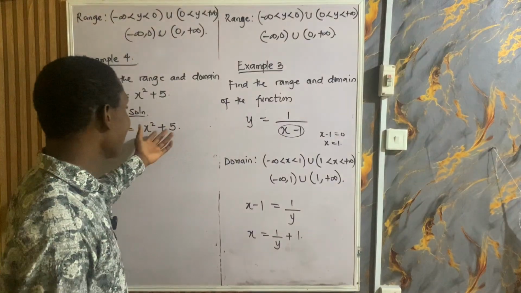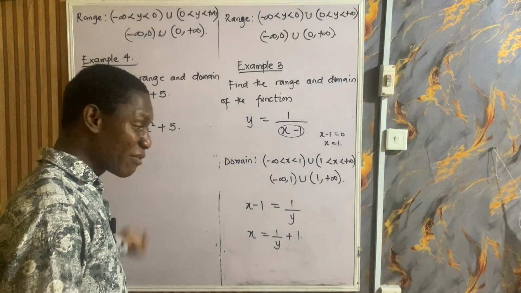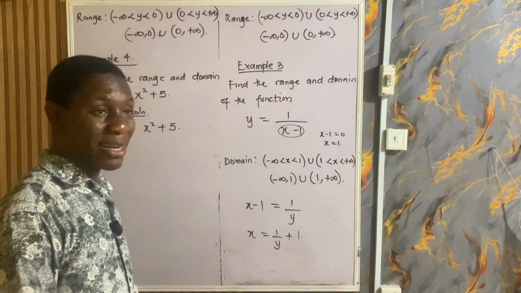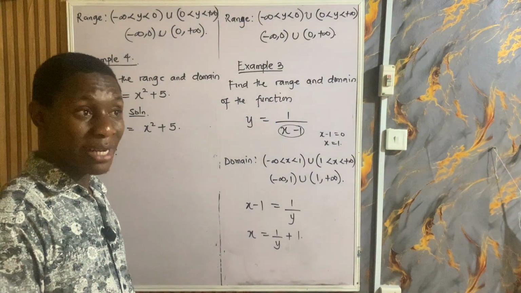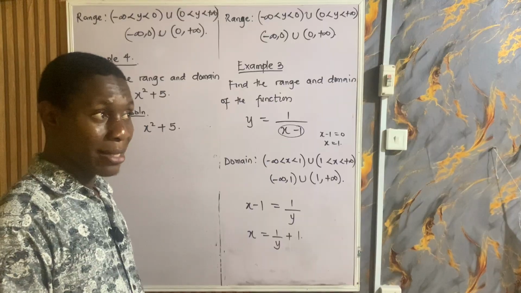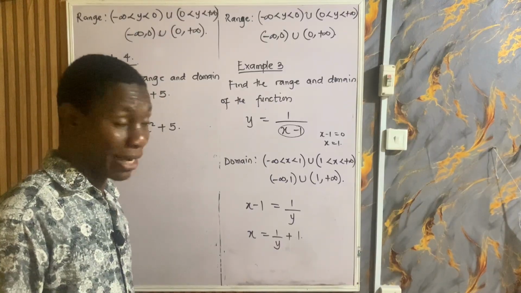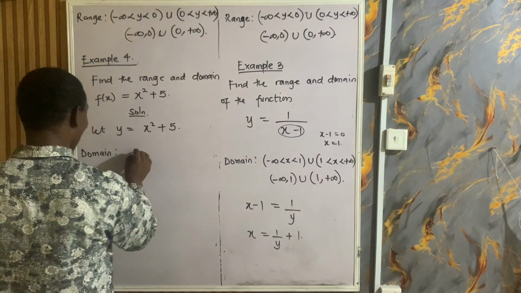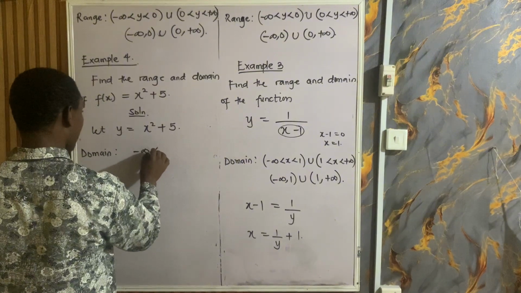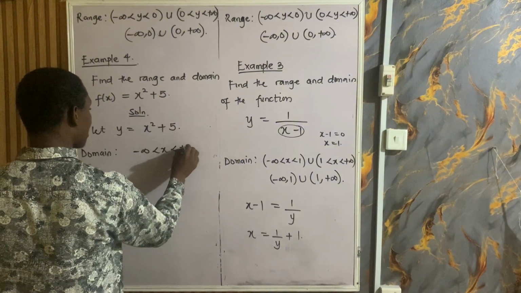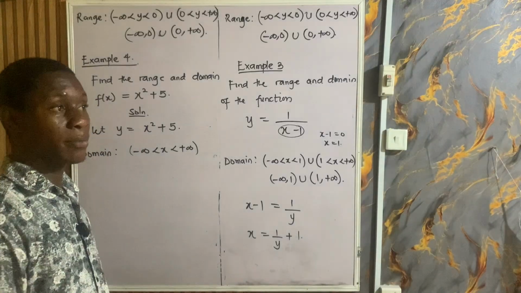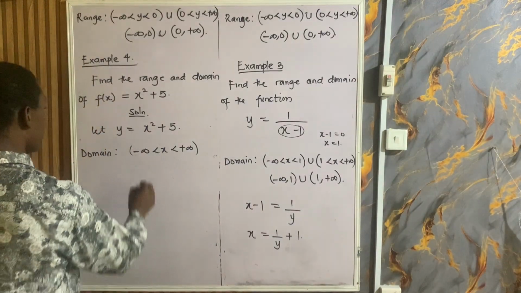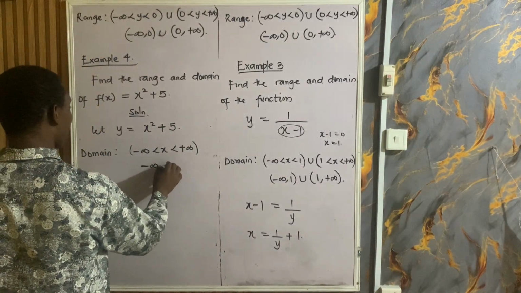As we look at this now, any negative number you use, you have an answer for y. And any positive value you use, you also have an answer for y. There's no restriction to what x can be. So it's going to look like this. From any negative number to any positive number would work. That's our domain. Or you say minus infinity, comma positive infinity.